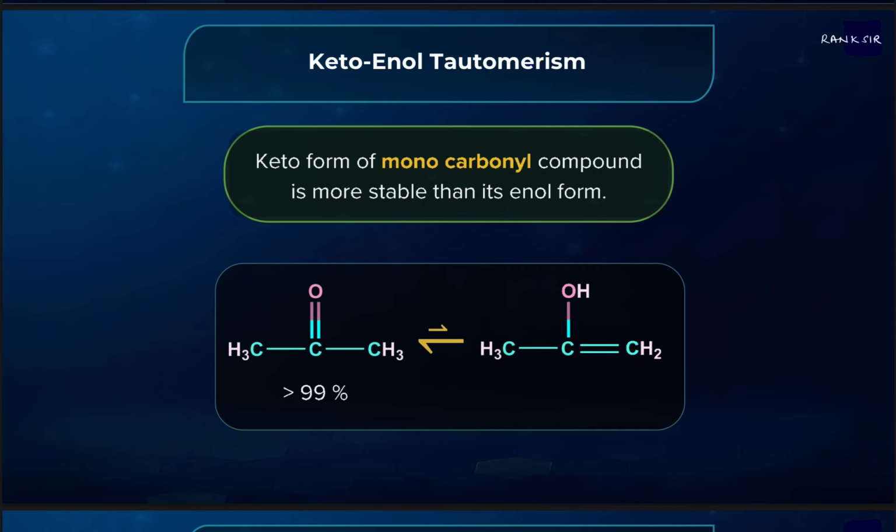Overall it is explained like this: here a bond breaks, here a bond breaks. The carbon-hydrogen bond breaks and the carbon-oxygen pi bond breaks. So overall, the energy of the carbon-oxygen bond and carbon-hydrogen bond, versus the oxygen-hydrogen bond and carbon-carbon pi bond. So this is weaker, this is stronger, therefore this is more stable than this.